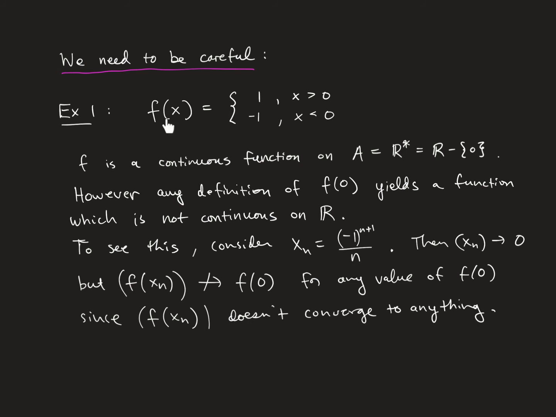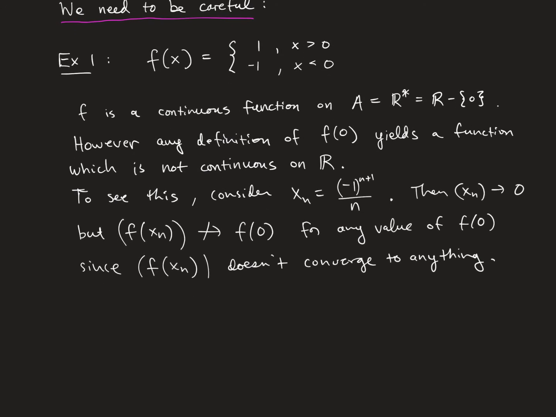So even though this function is continuous on its domain, it is continuous in such a way that it cannot be extended to all of the real numbers. Another example, which is handled very similarly, is g of x equals 1 over x on the same domain, the real numbers minus 0.